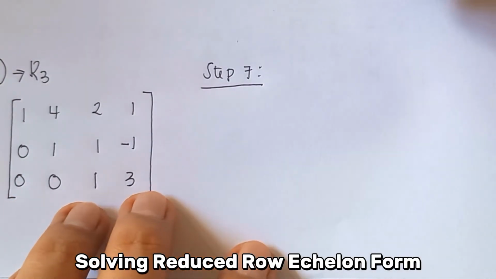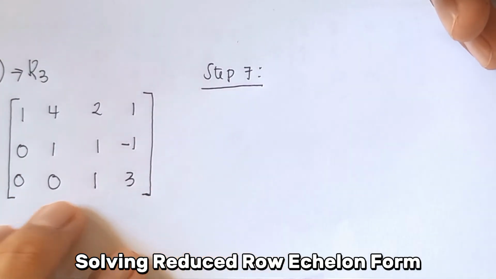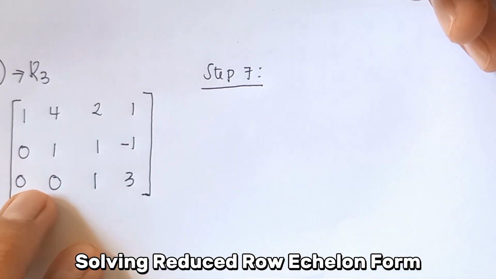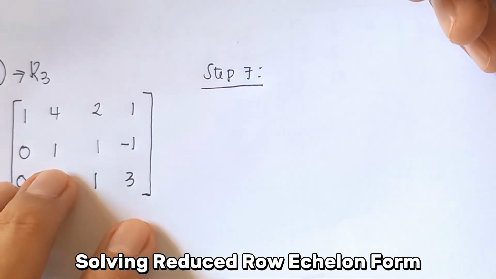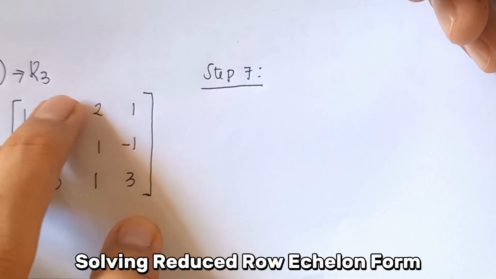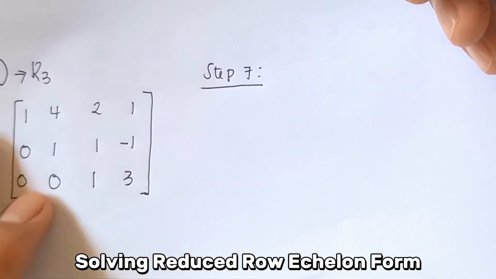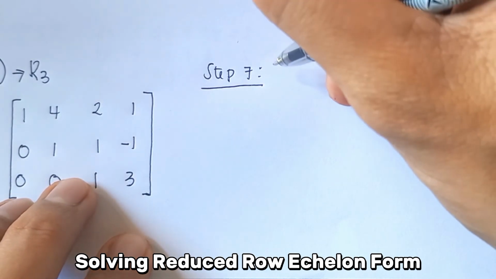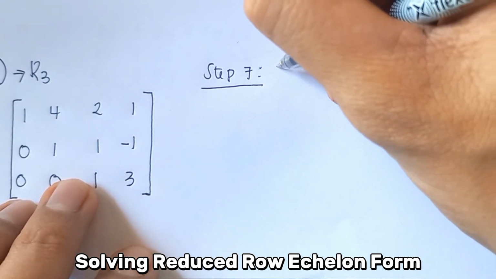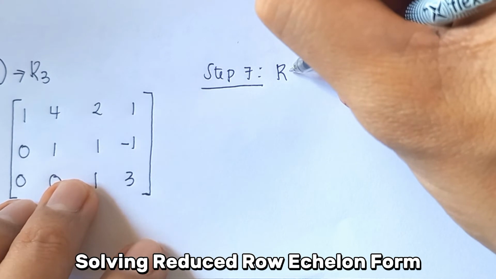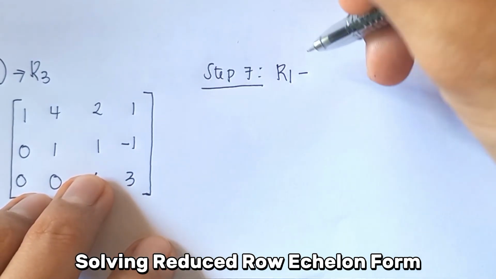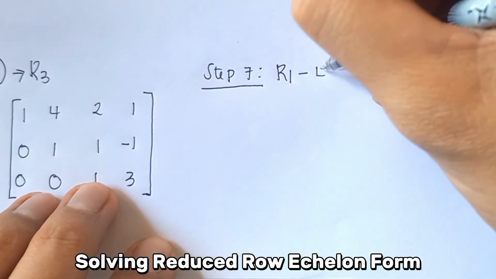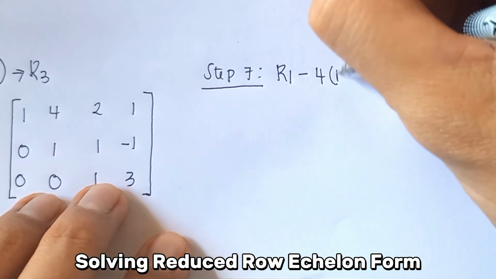So next is step 7. We are done making this side equal to 0. So next we're going to make this one 0. So we're going to make row 1 minus 4 times row 2.